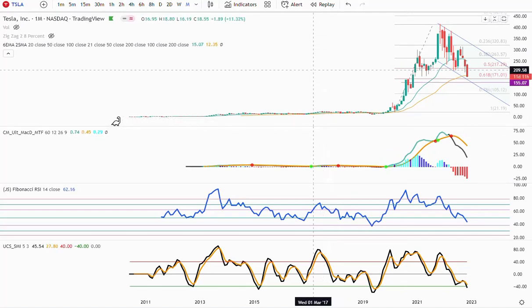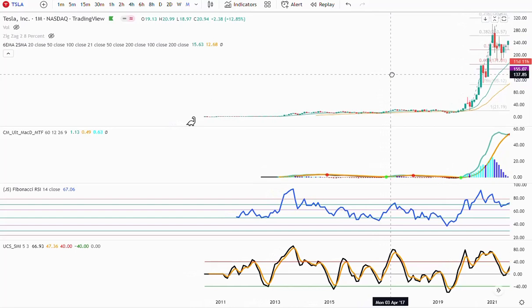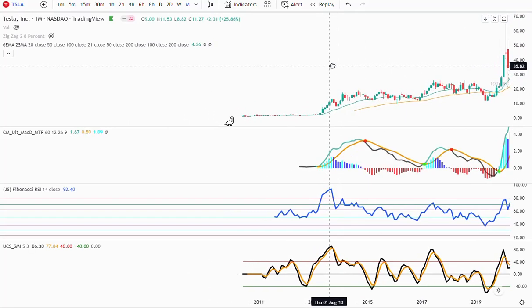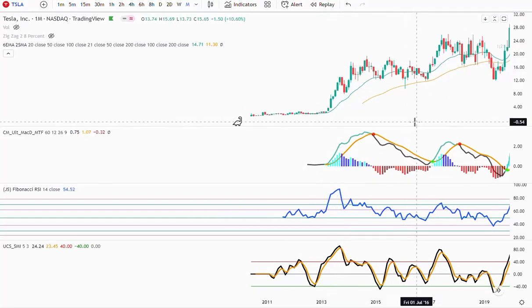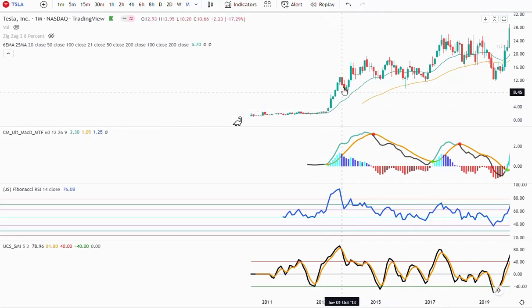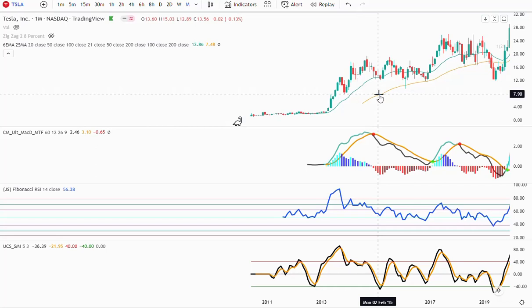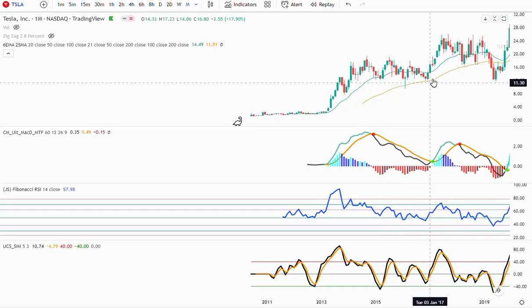So let's look at the price in relation to prior levels and see what we can learn from it. If I just go to the left a little bit, here we can see that there was a big run up. Price went well above the monthly 20 and 50. And then in subsequent months, there was a correction and price came to the monthly 50.